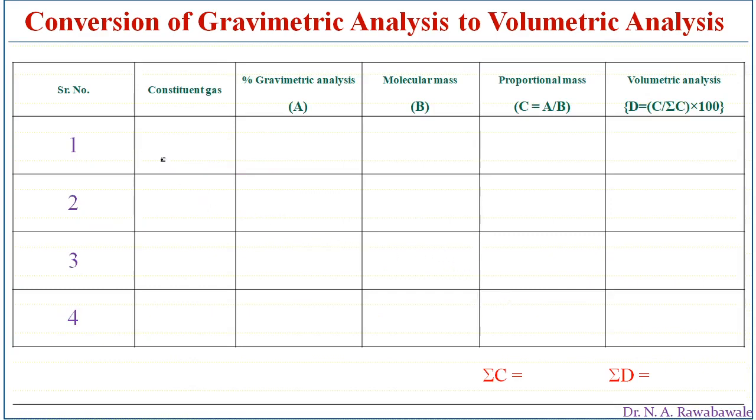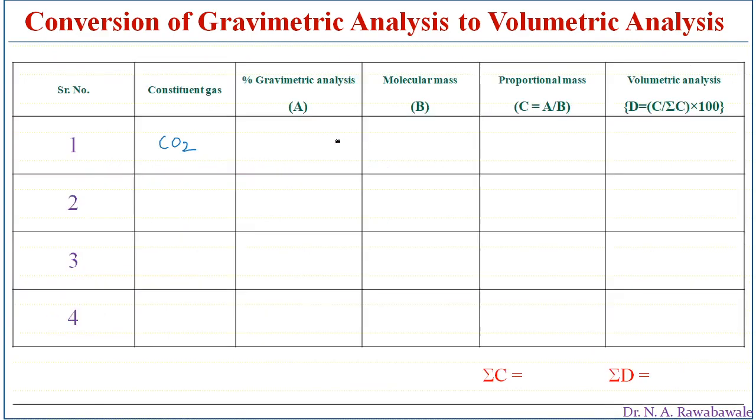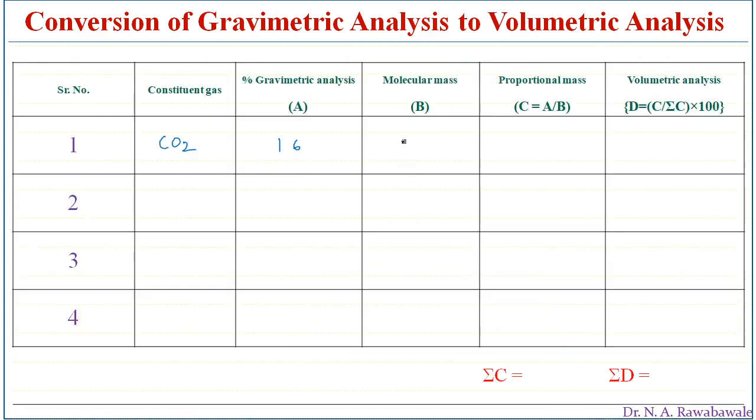So again here the first constituent is carbon dioxide at 16%, so we write here 16%. And the molecular mass of carbon dioxide, we know, is 44. So here C is equal to A divided by B, that is 16 divided by 44, which works out to be 0.3636.